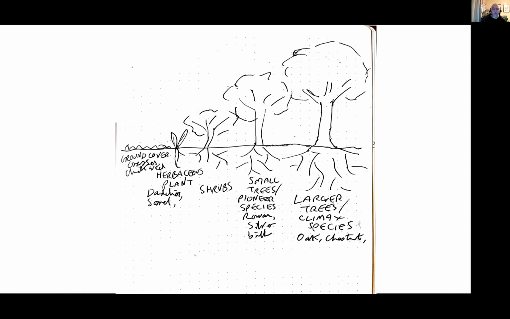So that is the pattern of succession. The time scale for this might be quite rapid. This might happen over 10 to 15 years, or it might take a lot longer depending on all sorts of environmental factors. But it's a common pattern that you see in many ecosystems.